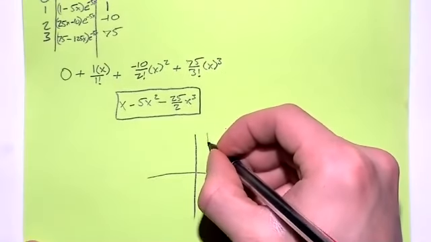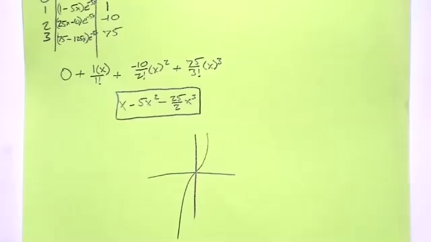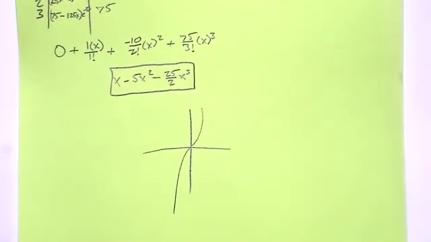This is just a general cubic graph. It's going to look something like that. Let's see what we have going on here. That's the weird part. It's not flipped.